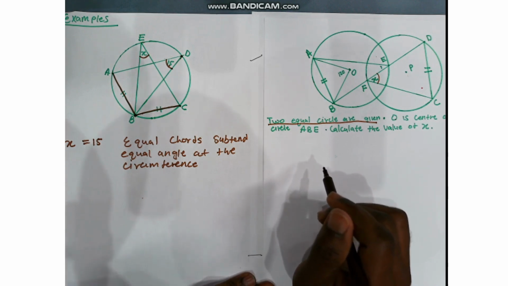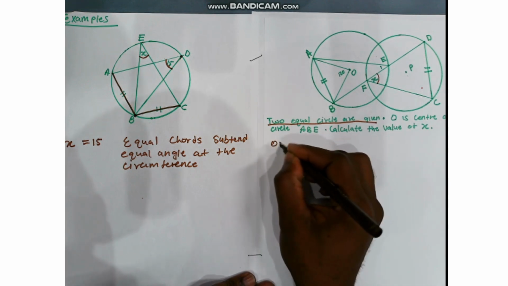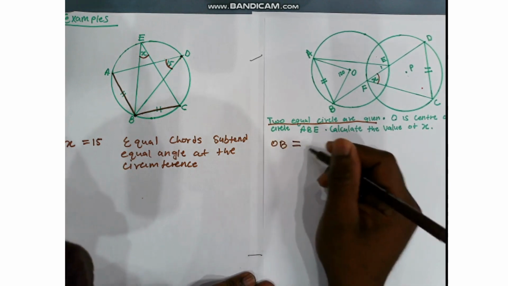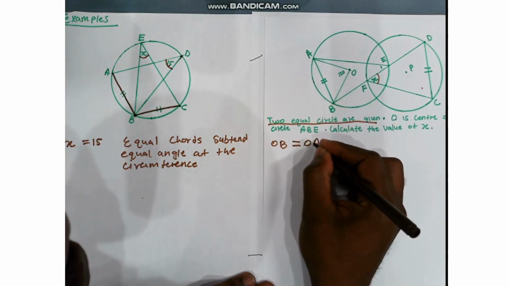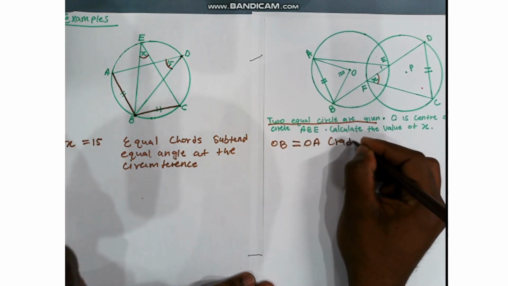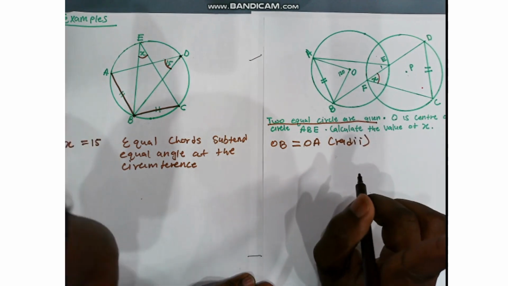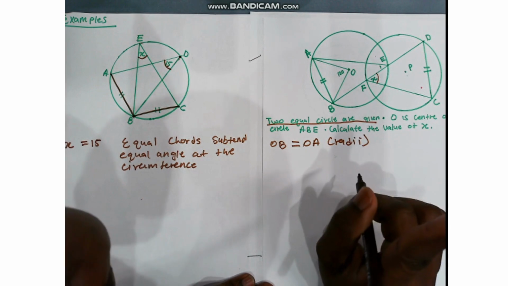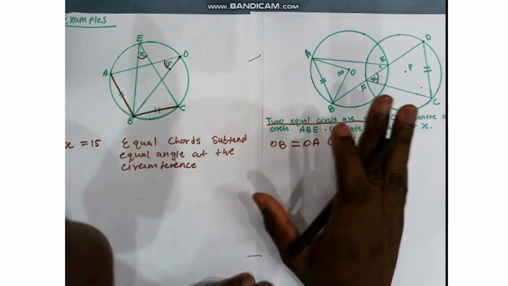If O is a center, then OB is equal to OA. Why? From theorem number 1. O is a center. We just took that from there.